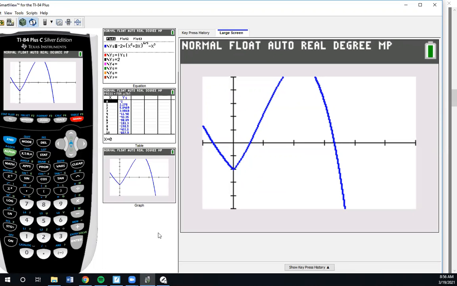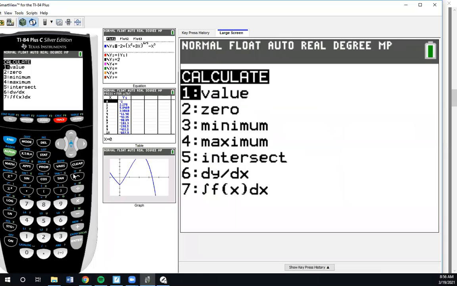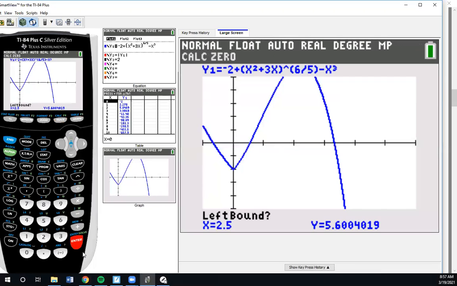So I will find one of them and leave you to make sure you can find the other. Calculate. Same menu we did the intersection, but this time I want a 0. And it's going to ask for left bound and right bound. I want to focus in on, this looks to be about 2/3. So for my x coordinate, I'm going to get to about 2/3.